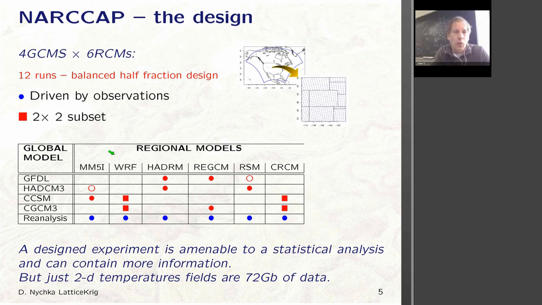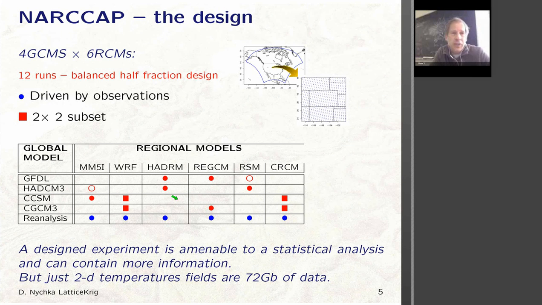If there ever is more money, the full 24 can be completed. But these 12 are a balanced design, and so they allow a statistical analysis in ways that wouldn't be possible if this was just sort of a happenstance choice of 12 out of the 24.